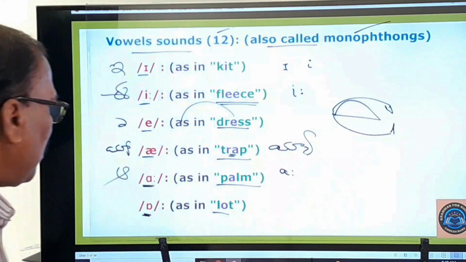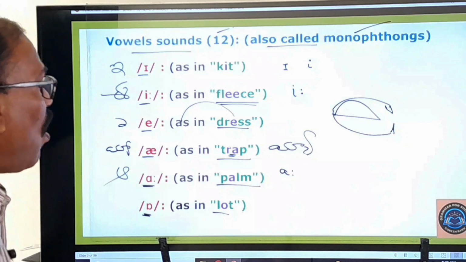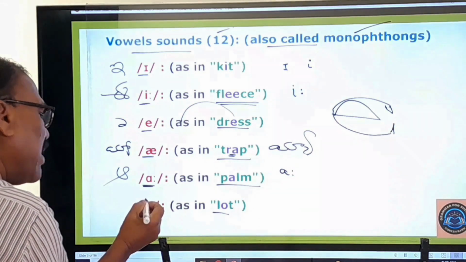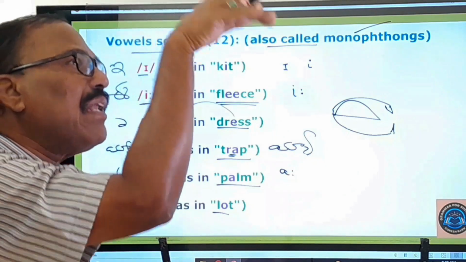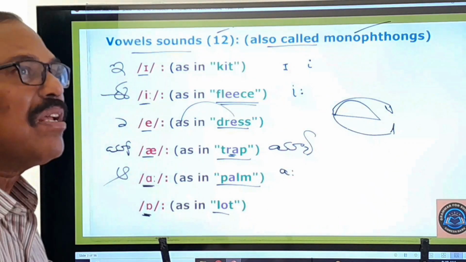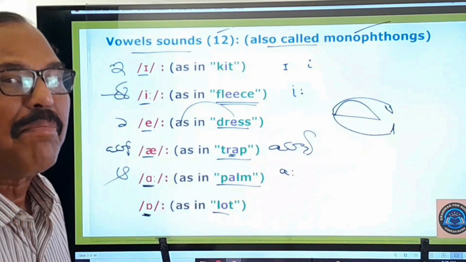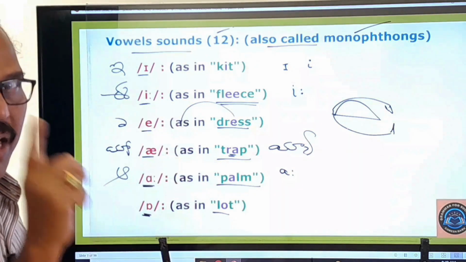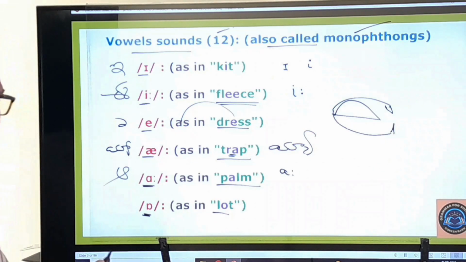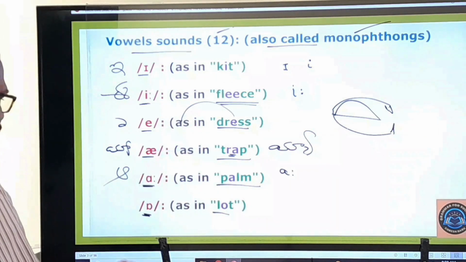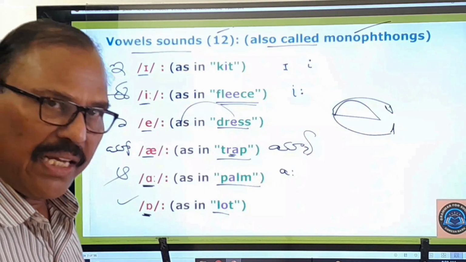Just pronounce it: lot. It comes from the palate. The palate is the hard upper part of the mouth. I'll give you the picture and show you the parts of the mouth, teeth, and all those things also. These are the important sounds, and some more are there. Let us learn them on the next slide.